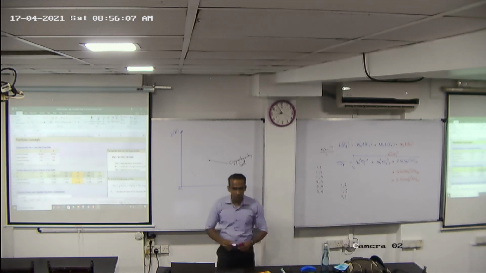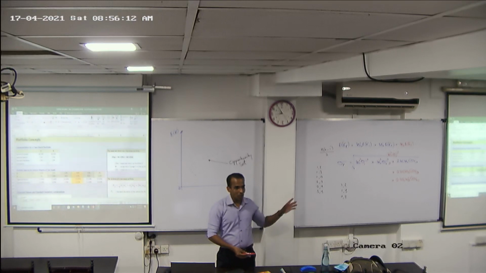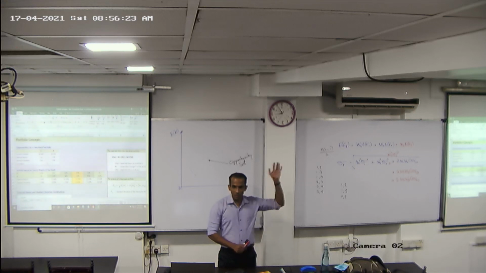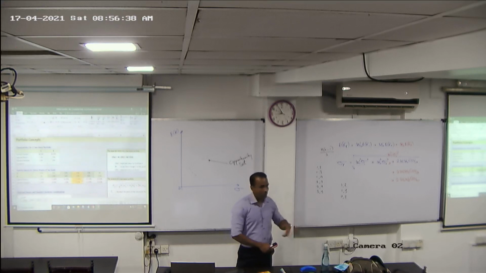That means if there are six assets, how many correlation terms will be there? 6 into 6 minus 1, that means 5. 6 into 5 is 30, divided by 2, 15. 15 correlation terms and 6 weighted average standard deviation terms, so 21 terms will be there. That is a multiplier effect.